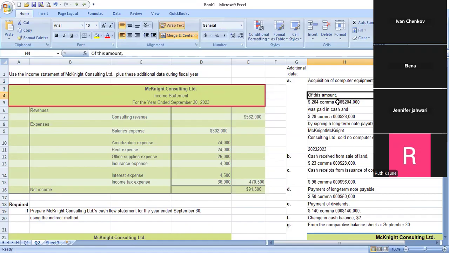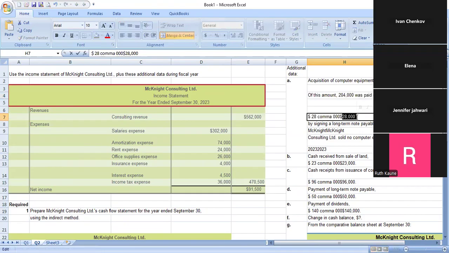Of this amount, that's how much was paid in cash. And for the remaining, they even give you that information, so you don't have to worry about it.